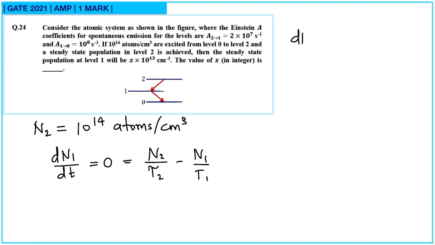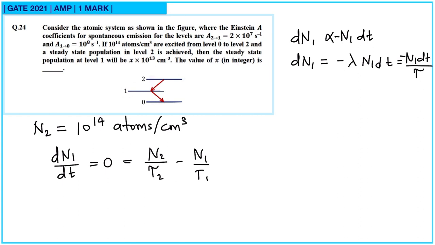We are using this formula: dN1 is proportional to N1 dt. So dN1 is equal to, since it is decaying, we will have a minus sign, so minus lambda times N1 into dt. But lambda is 1 by tau, the mean life or lifetime. So this will be N1 dt by tau with a minus sign.